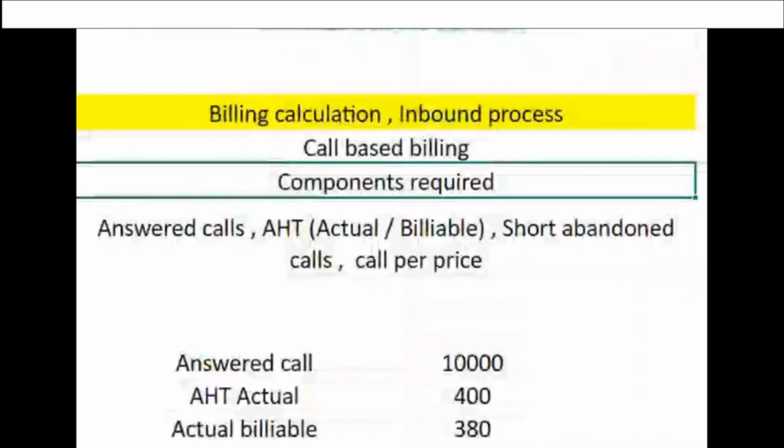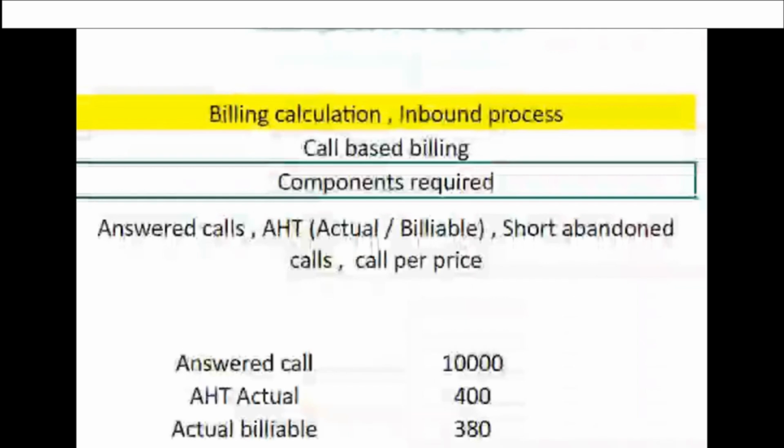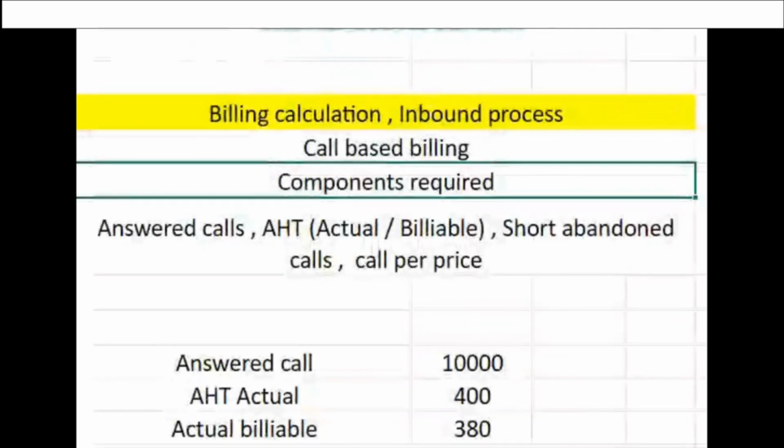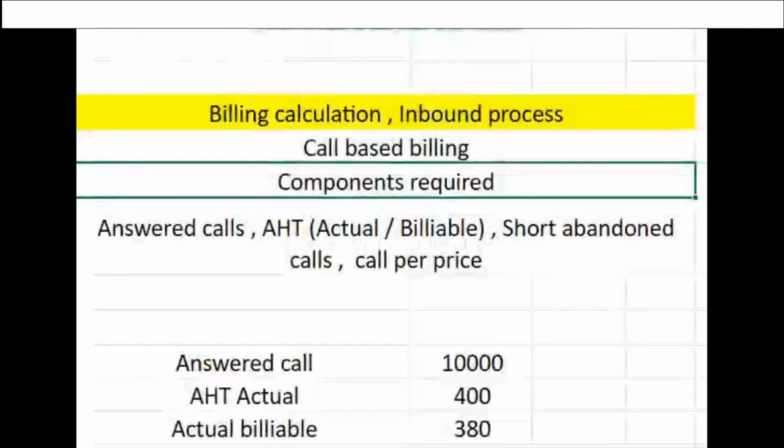The AHT billable is what has been set by the client. Suppose the actual AHT is 400 seconds and the client says it can only pay for an AHT of 380 seconds.